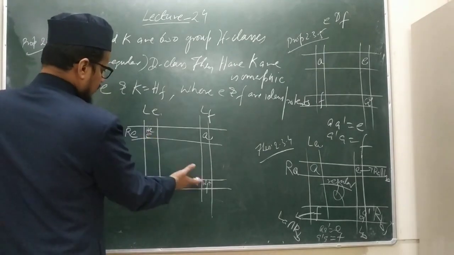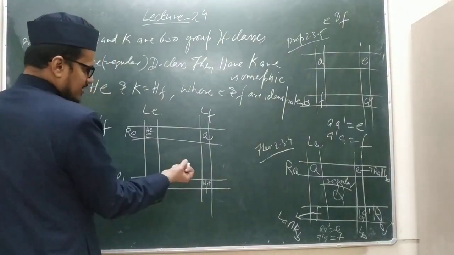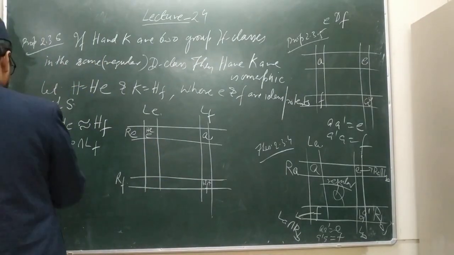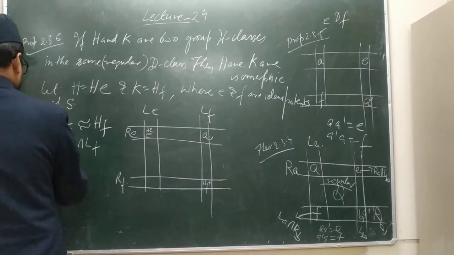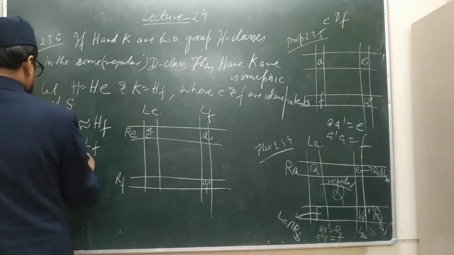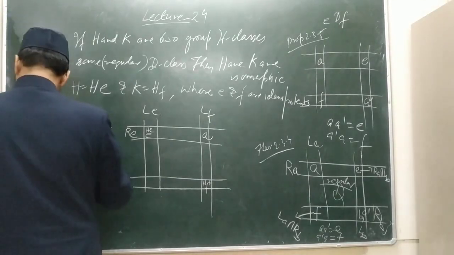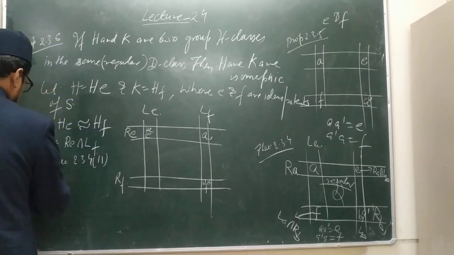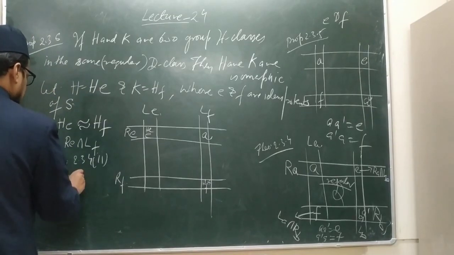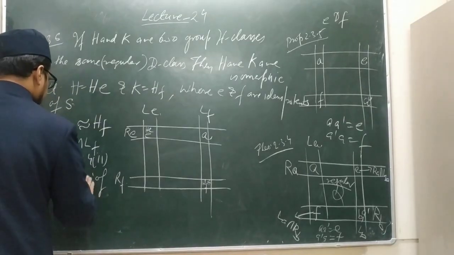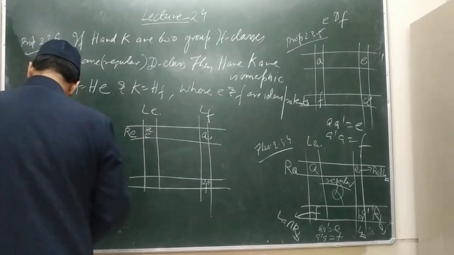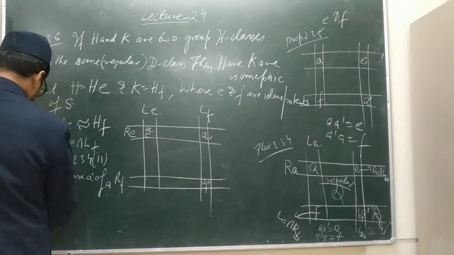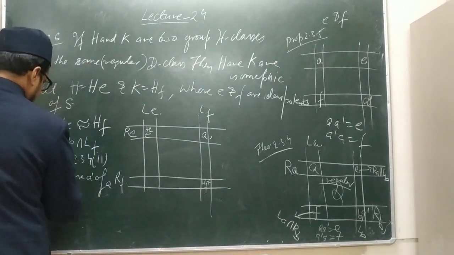E and F are, of course, related to each other, isn't it? So then by theorem 2.3.4 second part, there exists a unique inverse A dash of A in LE intersection RF.